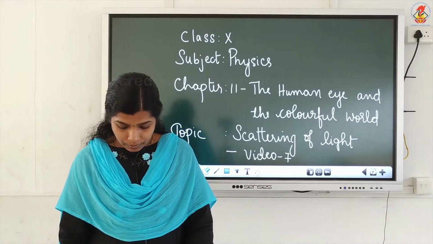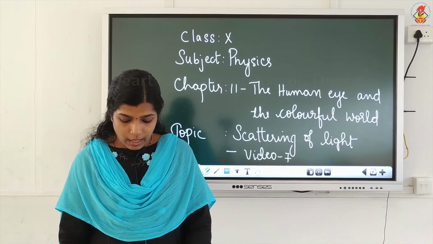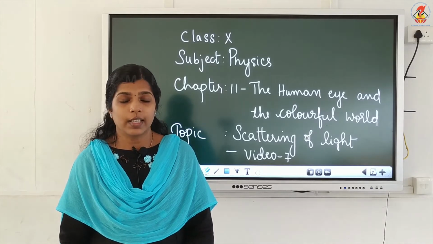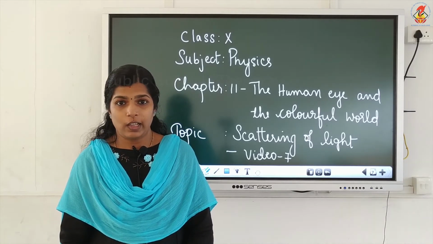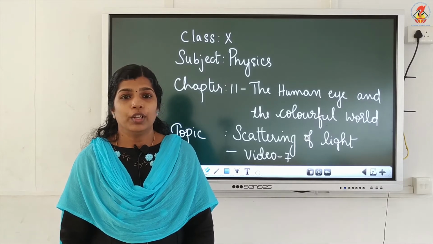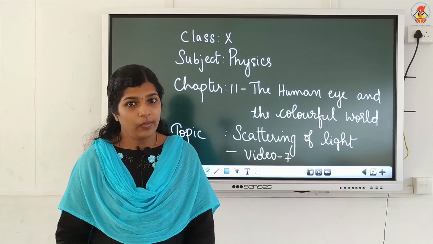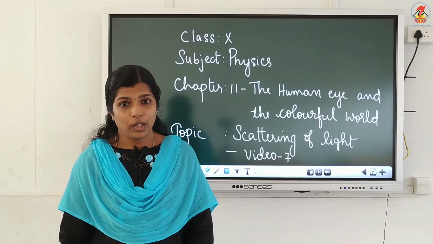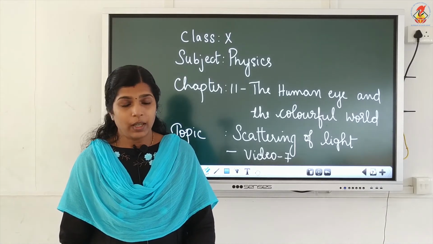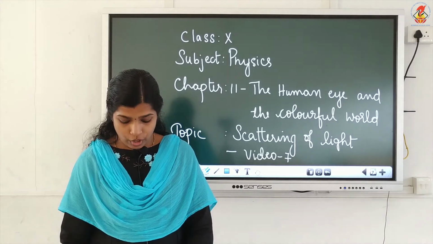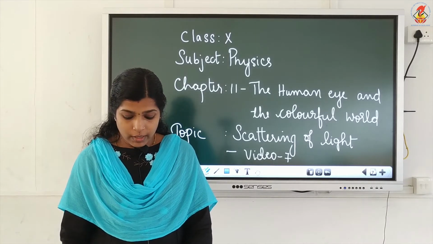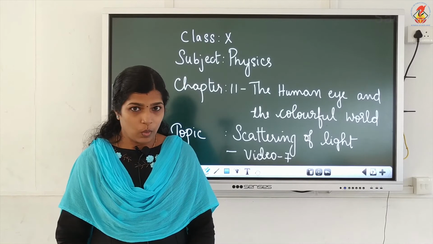If the particle size is larger, then it will scatter the longer wavelength region, that is yellow, orange and red, or towards a red region. It will scatter longer wavelength. If the particle size is even larger, then the scattered light may even appear as white.